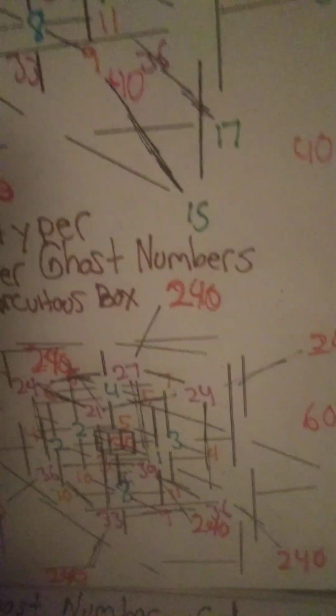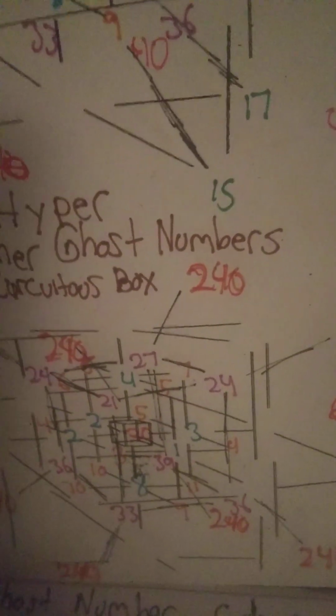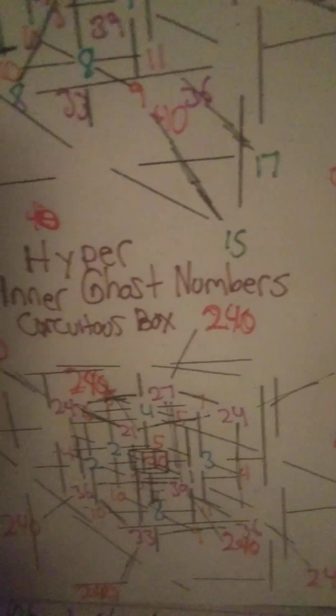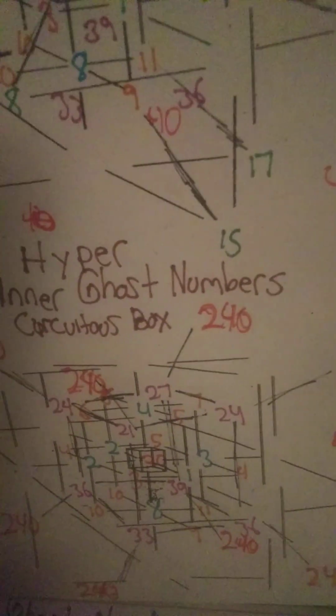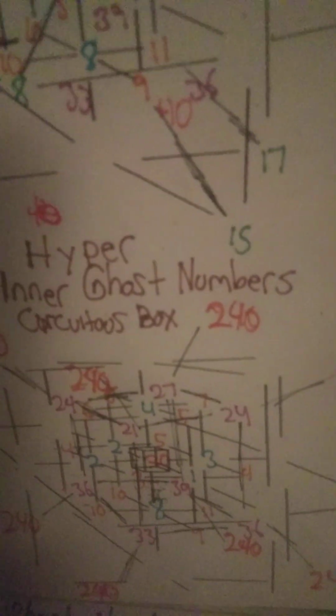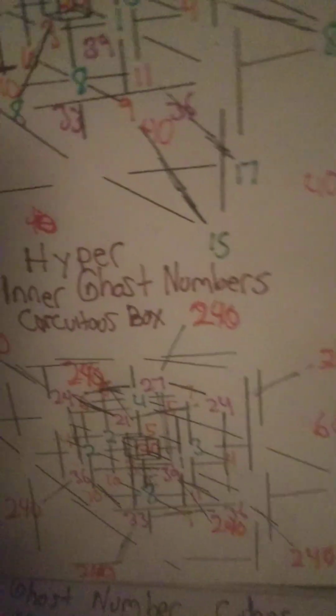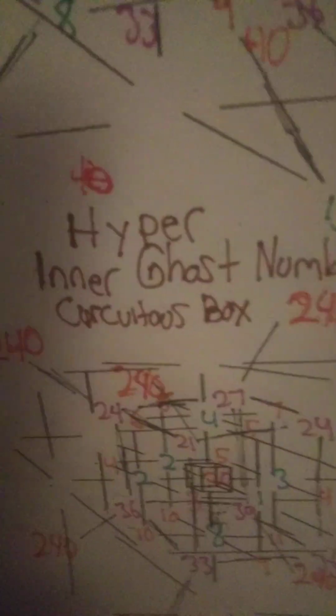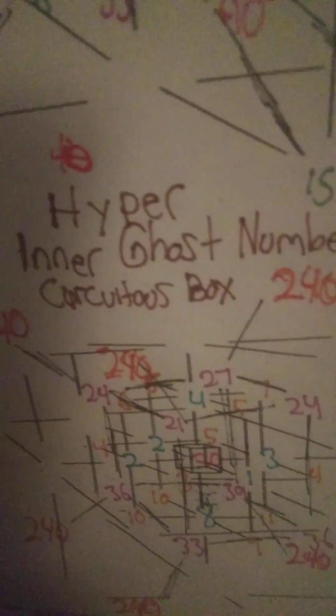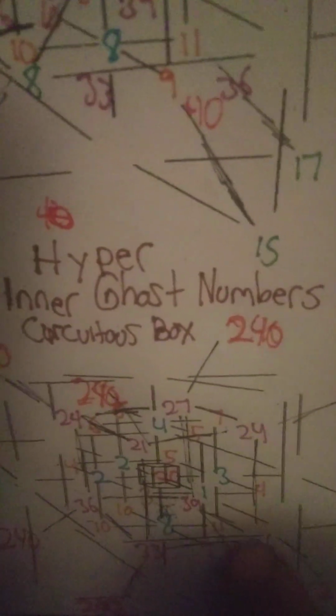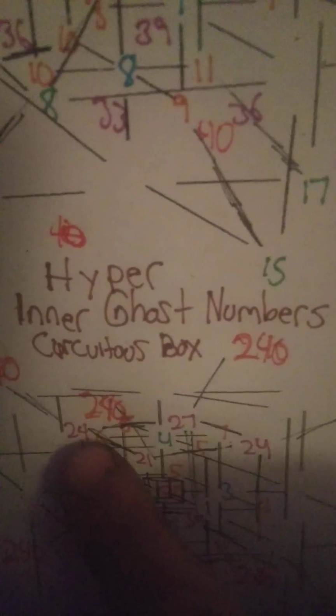And the inner cube never changes in any type of form of magic ghost number cube. All these numbers are all the same, they never change. The outside can change if you add the central ghost number to the commutative property of the outer layer. But in this case, 240 is what all this Circus Box of just only the purple numbers are considered.